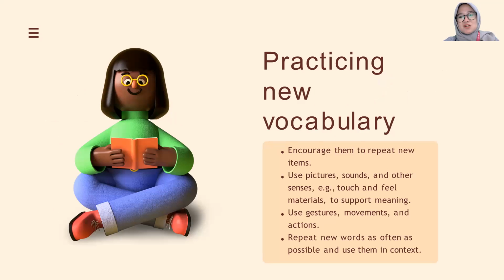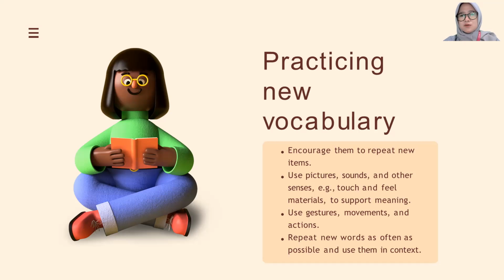Okay, use pictures, sounds, and other senses. Well, for those who can't read, for example, in the first grade of elementary school, students can be taught how to say something without knowing how to write it, without knowing its spelling. Okay, that's okay. You can teach them by sound.